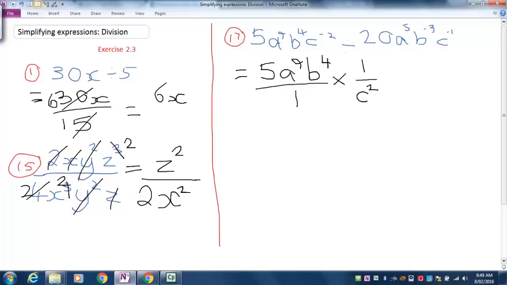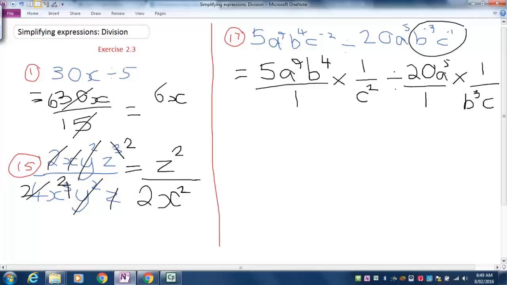That then needs to be divided by 20, a to the 5 over 1. Changing these negative indices here will give me 1 over b cubed times c. Remembering that when we move these pronumerals to the bottom of a fraction, those indexes become positive from our negative index laws.